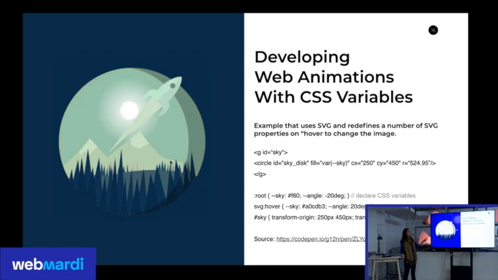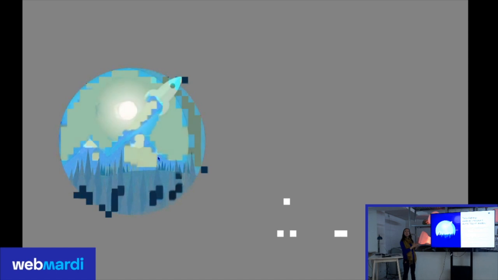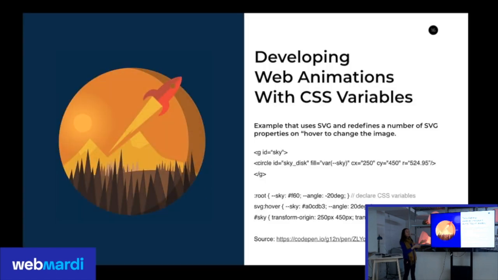They're really proper CSS variables. And these are very useful with animations, because now you can give a value to a variable. And here, when you hover on the image, the variable changes its value. You do this with CSS code only, without JavaScript. You define properties, for example, the color of the sky and the angle, the degree. And once you hover, the color and the degree change.